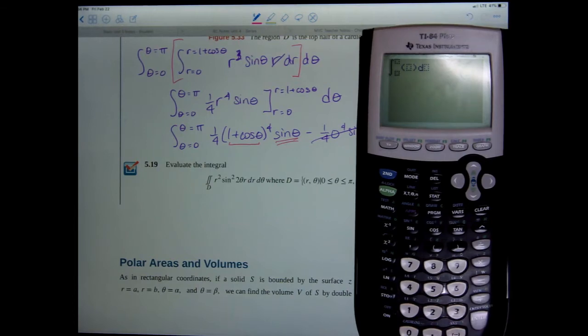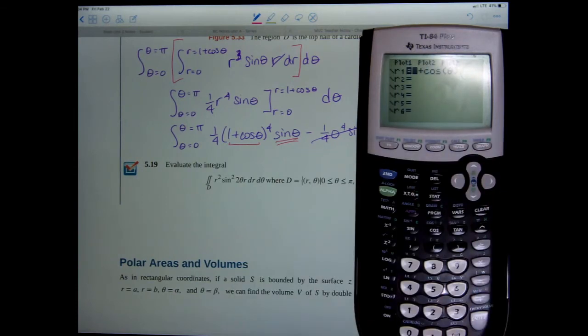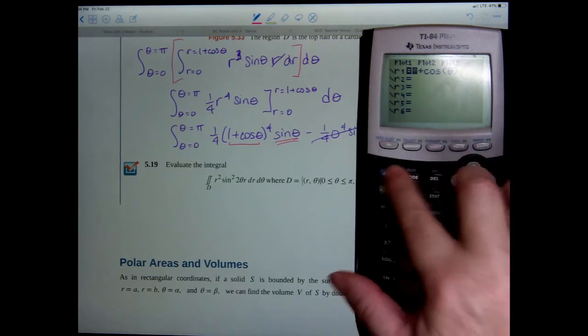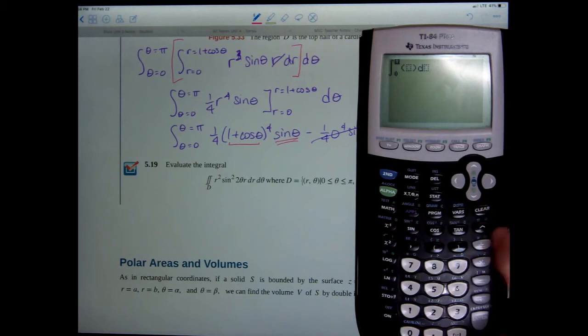Now we can do that y1 thing that I talked about last class, and let me show it to those who were not here. What you can do is take the r thing, which is already there, and when we type it in the calculator, we're going to use that r. So watch this. We're going to go from 0 to pi. So instead of typing 1/4 1 plus cosine theta to the 4th, we're going to type 1/4 r1 to the 4th.